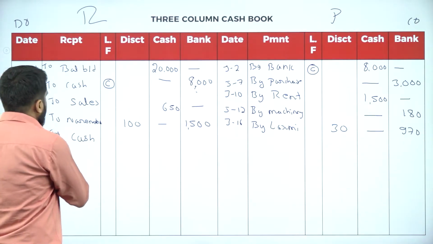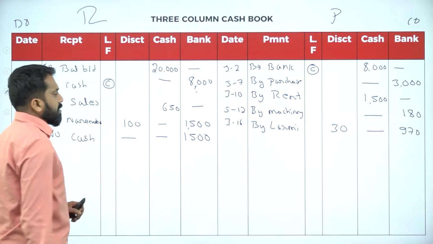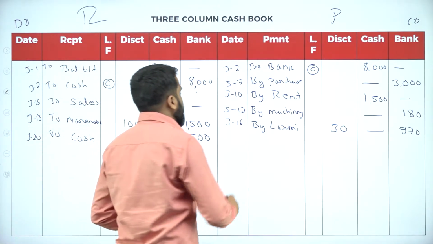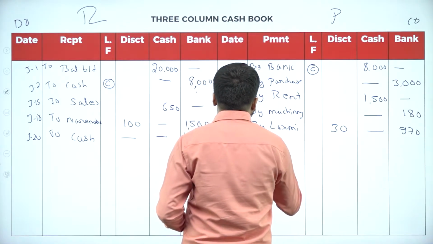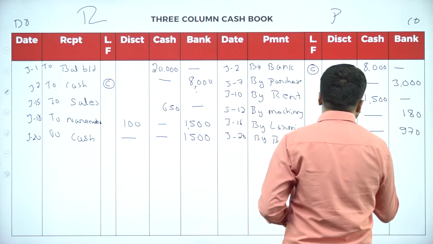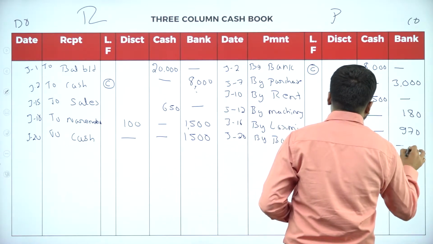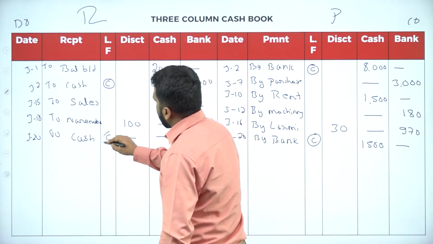Jan 20th, bank column 1500. Now, opposite side, same date. January 20th, by bank. It should be which column? Cash column. You have to mention it is contra.